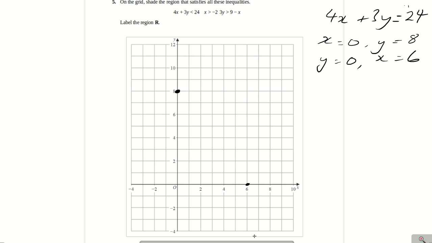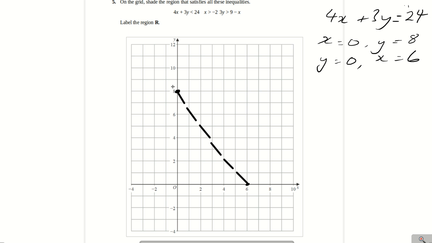We now need to try and draw a straight line going between those 2 points, and it's going to look something like this. Okay, not great, but I think hopefully you get the idea.